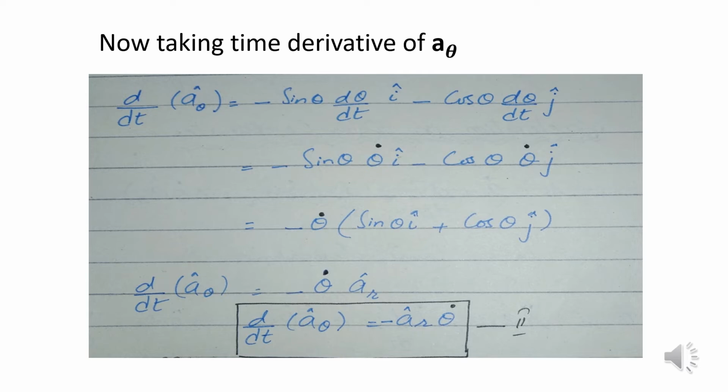We know that sin theta i cap plus cos theta j cap is equal to AR unit vector. So substituting this value, d by dt A theta cap is equal to minus theta dot AR cap, and giving that equation number 2.